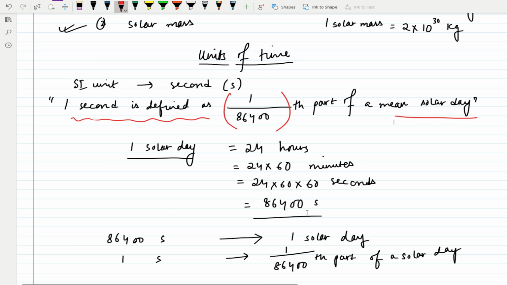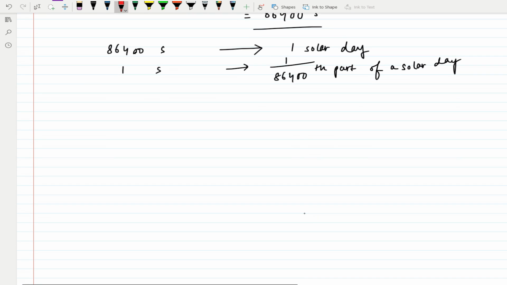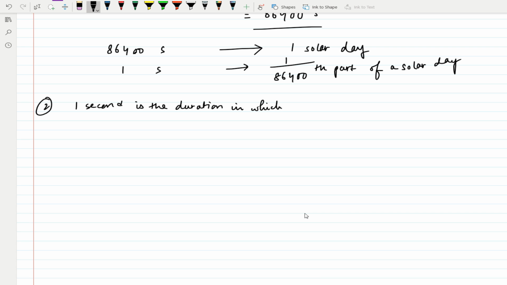This is one of the definitions, or the common one, which is used. If you are asked to define second, you can go with this definition. There's another definition, the second definition of second. 1 second is the duration in which cesium atom vibrates 91926317770 times.